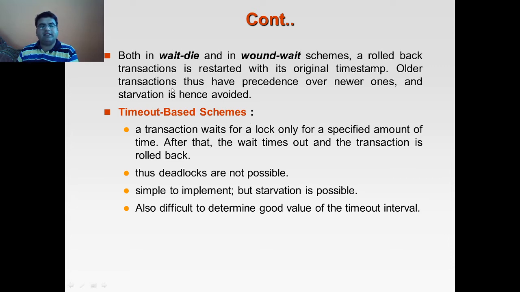Instead of assigning a new value, we keep the original timestamp, meaning the point where the transaction came into the system, the timestamp will remain the same. Otherwise a starvation condition may be possible if we assign a new timestamp to a rolled back transaction.